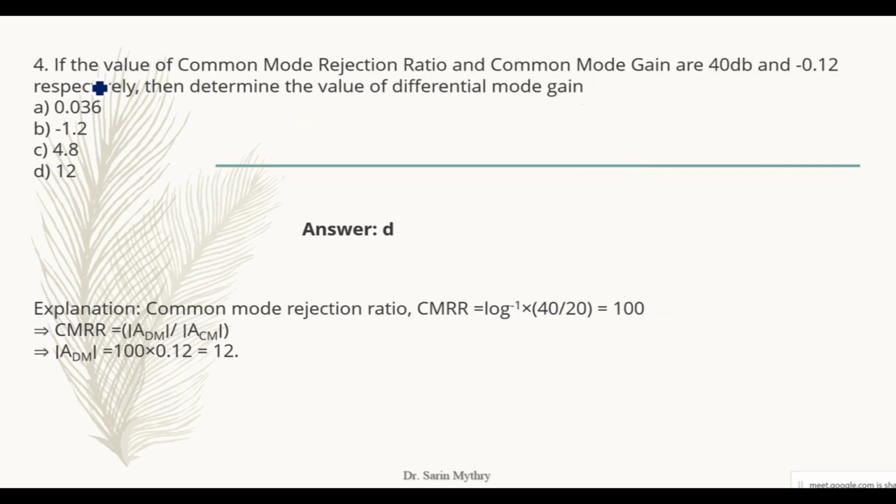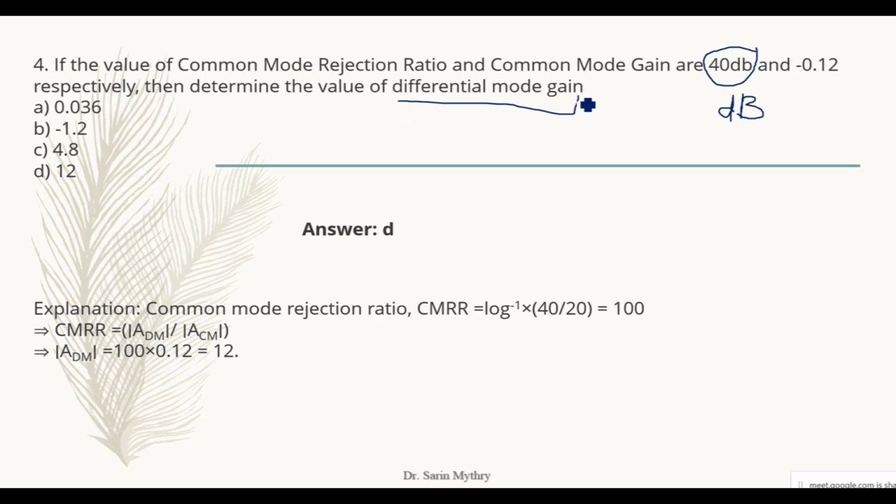Then the next one. If the value of CMRR, common mode rejection ratio, and common mode gain are 40 dB, please excuse me for this one, the unit is small d, capital B, decibel. It has to be 40 dB, and common mode gain is minus 0.12 respectively. Then determine what is the differential gain.